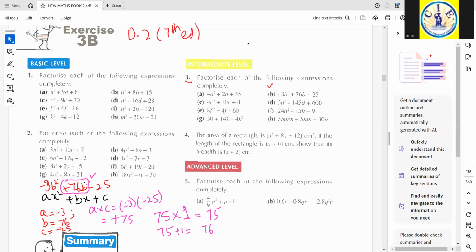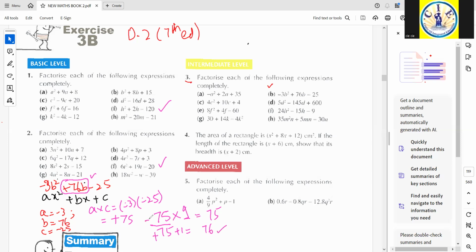As far as their signs are concerned, we discussed this thing in question number 2 and in question number 1 in detail, that whatever the factors we choose, out of those factors, the larger factor needs to contain the same sign as the middle term. Since the middle term has got positive sign with it, so if I do it, positive 75 and positive 1, you add them, you get the middle term.